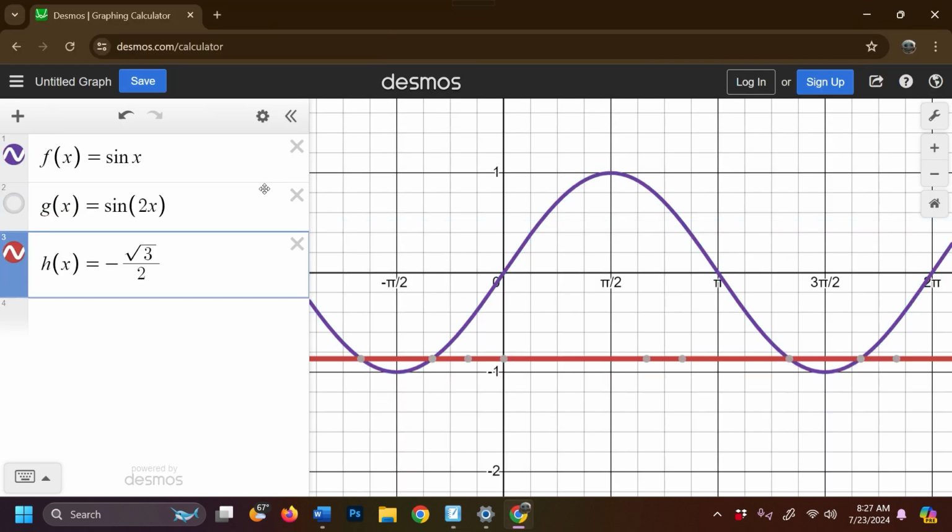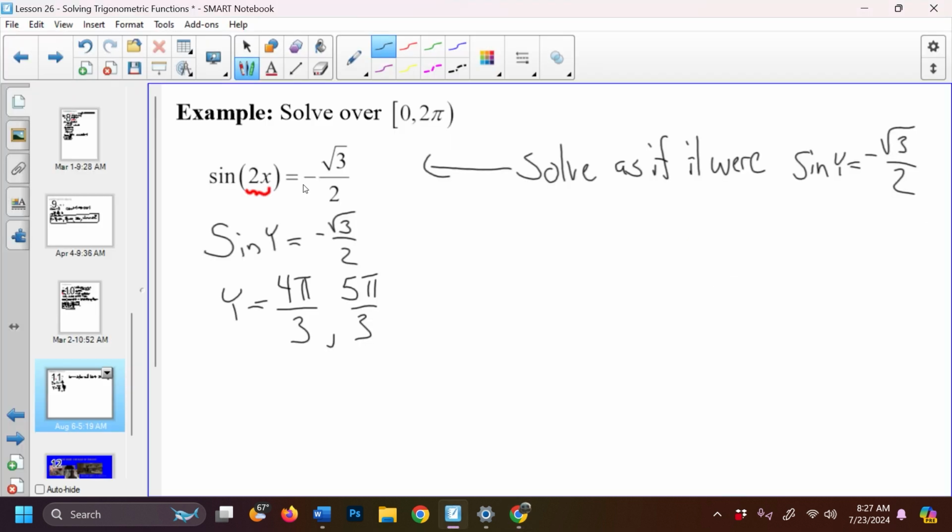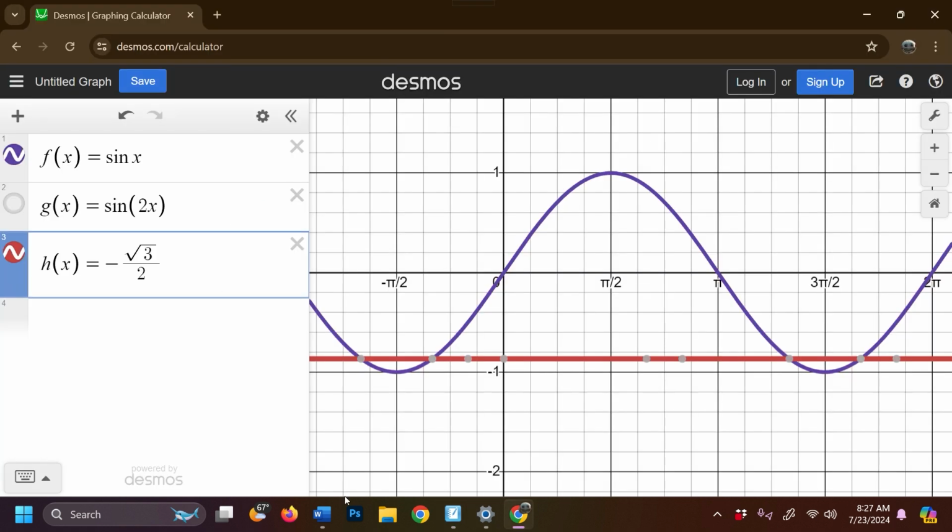Okay, so I have this set up. And right now, I only have f of x equals sine x and h of x equals negative square root of 3 over 2. I've made a function out of both of these sides. Now, you can see that I have a number of solutions. And the two solutions, 4 pi over 3 and 5 pi over 3, we've already found.